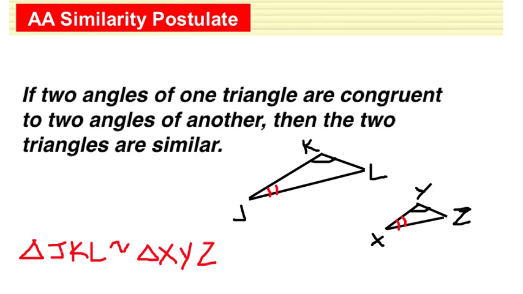And this is by the AA similarity postulate, so we can just say by AA similarity. So maybe we can just use the similarity symbol.